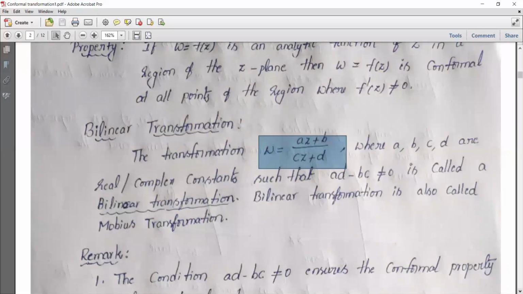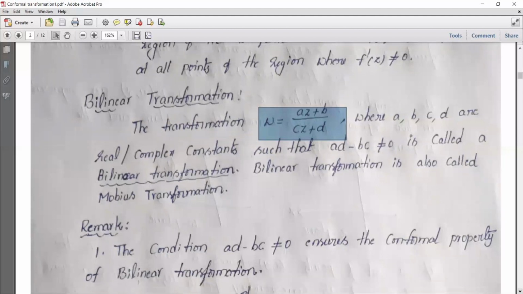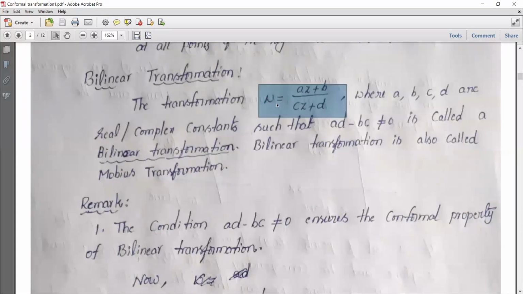So remember this. This is a very important transformation. Surely we will get one problem under this transformation. You will get 6 marks or 7 marks using this bilinear transformation. So what is the transformation? It will always be in the same form, W is equal to AZ plus B by CZ plus D. Here A, B, C, D are unknown constants.